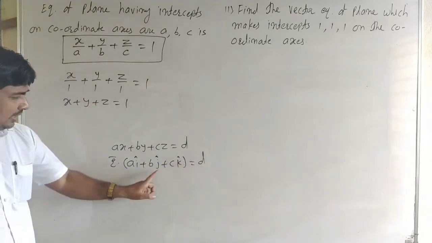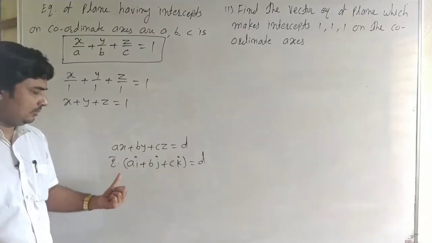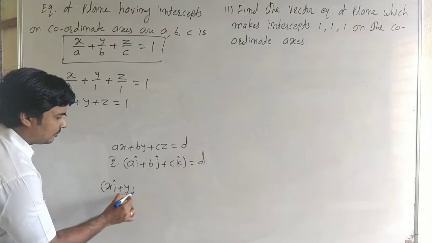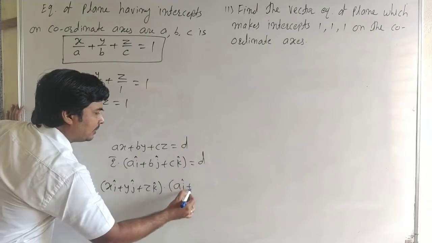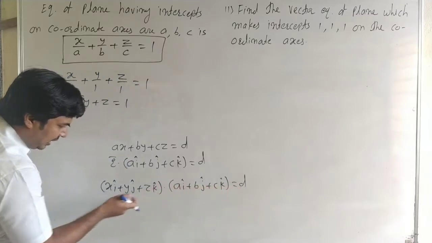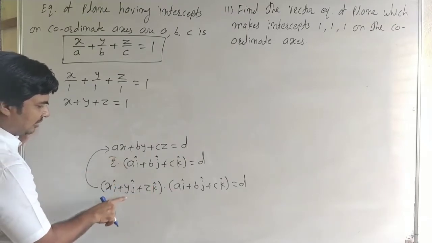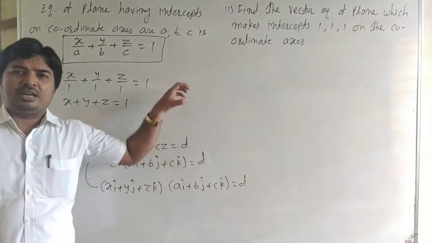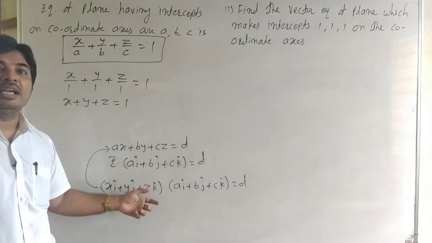Since a, b and c are the direction ratios of the normal, a i cap plus b j cap plus c k cap is a normal vector, and r bar is any point, that means x i cap plus y j cap plus z k cap. When we take the dot product, x into a is ax, y into b is by, and z into c is cz. So when given a Cartesian equation we can write the vector equation, or when given a vector equation we can write the Cartesian equation directly.